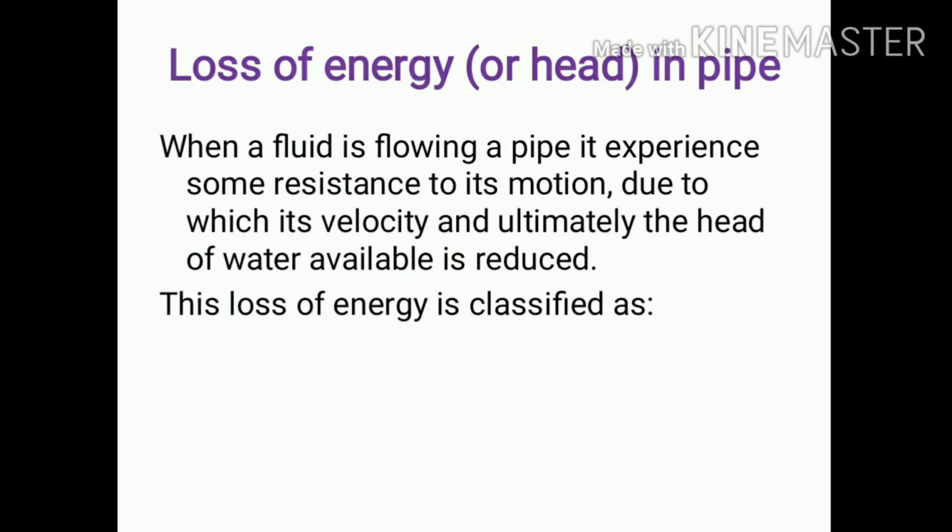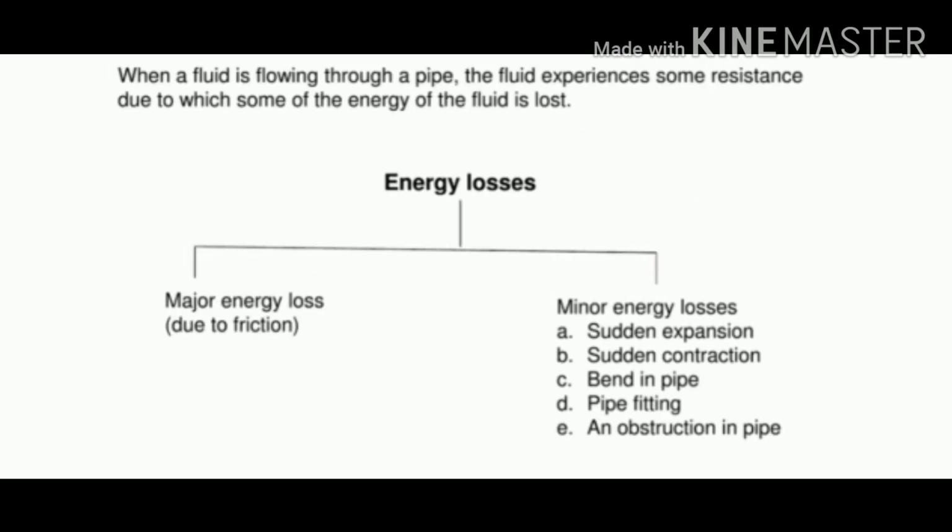Now how are these losses classified? The energy losses are classified into two parts. First is the major loss, which occurs due to friction, and the other is the minor energy loss. The minor energy losses occur because of sudden expansion, sudden contraction, bends in pipe fittings, obstructions in the pipe, valves located in the pipe, when the fluid enters the pipe, and when the fluid leaves the pipe.